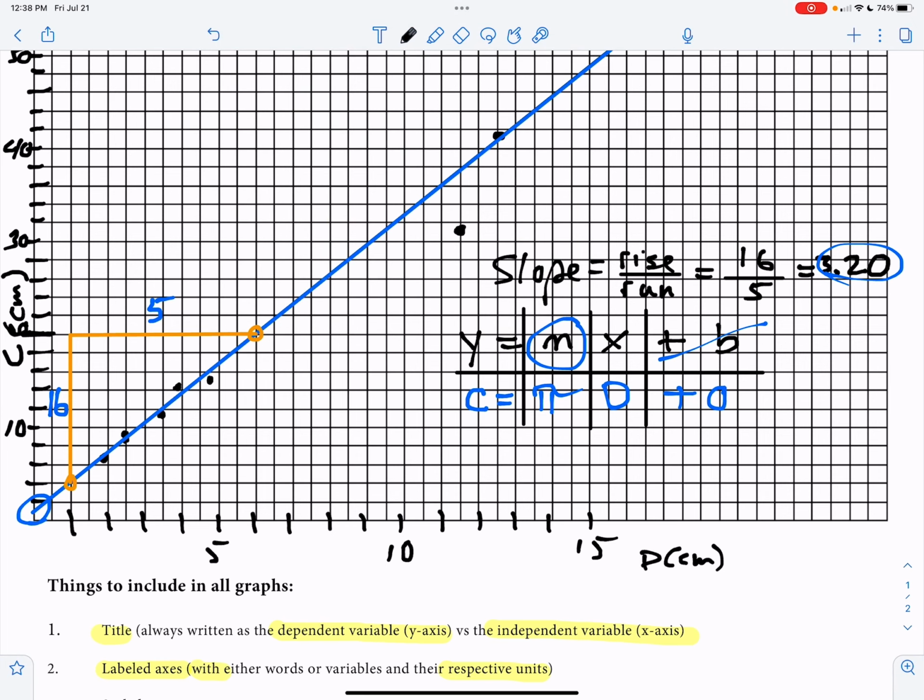What I can state is 3.2 is my experimental approximation for pi, right? Which is the ratio of the circumference to the diameter. All right, so that's how we finish it out.